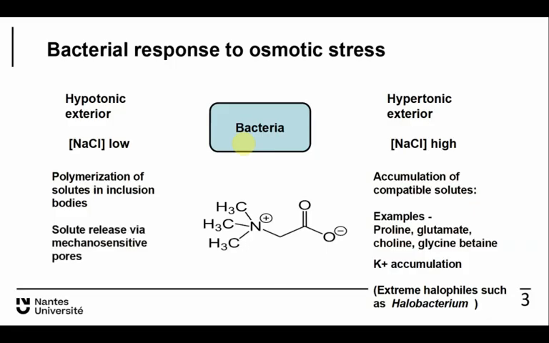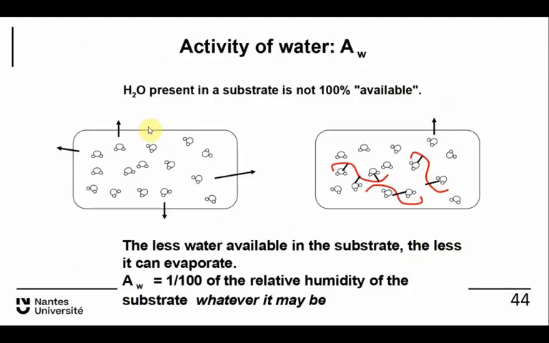And the other thing that they can do is if the osmotic pressure is too high, there are mechanosensitive pores in the plasma membrane which will open if the stress is too high and let solutes come out. Salts, amino acids, this kind of thing, so that they can survive very, very low salt concentrations outside the bacterium.